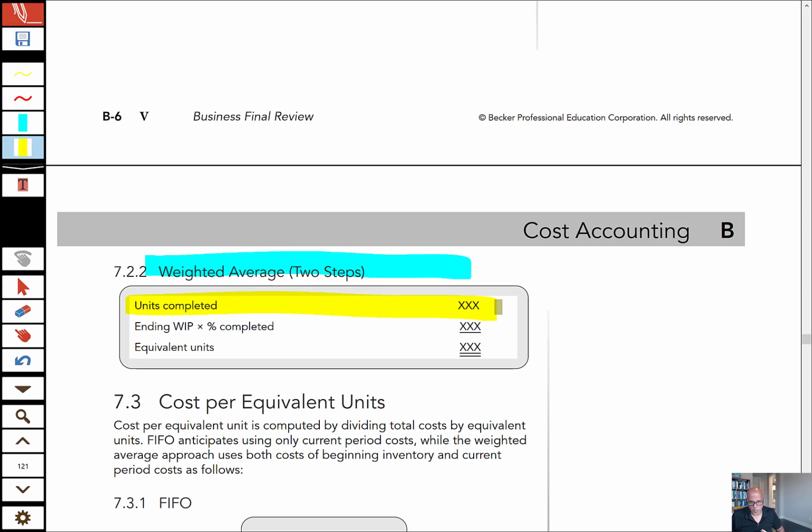We don't account for that work that was done last period under weighted average like we do with FIFO, and then we come up with an equivalent units calculation for what we actually did this period. That's our equivalent unit. So obviously you're going to get a different answer if it's work in process versus finished goods.